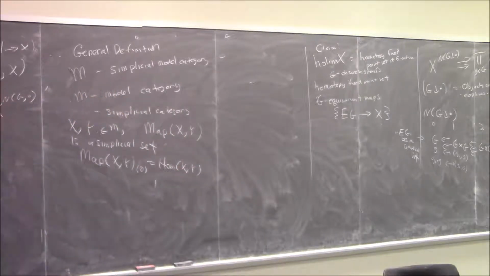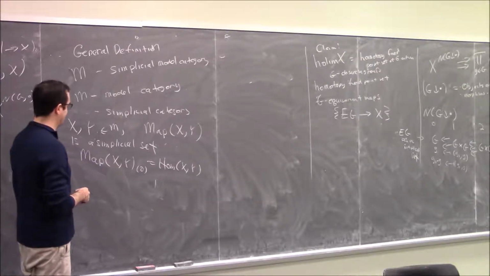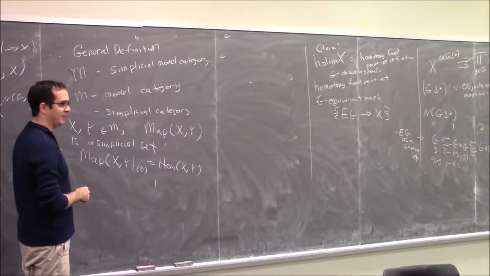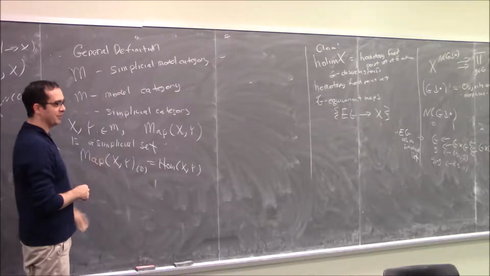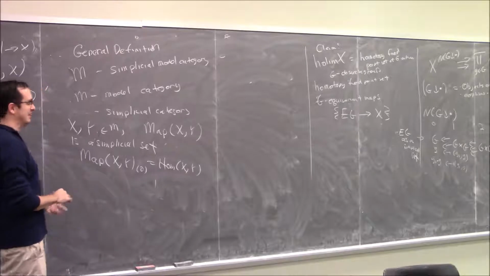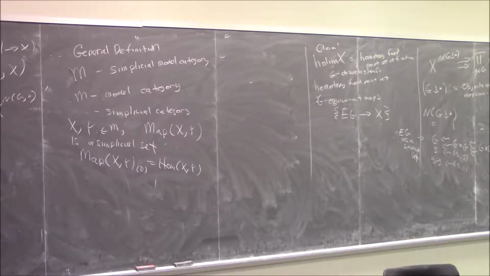Let me ask you a question. If you have a simplicial category, doesn't that automatically come with at least one model structure on it? Or at least two? You mean coming from the model structure on simplicial sets? Yes. So you could have more than one, but if you're in a simplicial category, you always have at least one model structure, right?